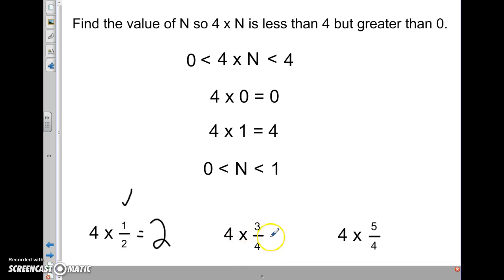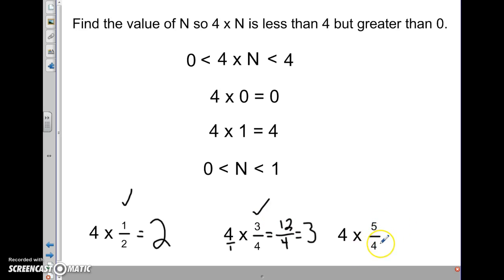So 4 times 3/4, and we can just multiply this across by saying 4 is the same as 4 over 1. 4 times 3 is 12, 1 times 4 is 4, and 12/4 is the same as 12 divided by 4, which is 3. So is 3 less than 4? Yes, it is. Is 3 more than 0? Yes, it is. So does 3/4 work? Could that be n also? Check. That would work.